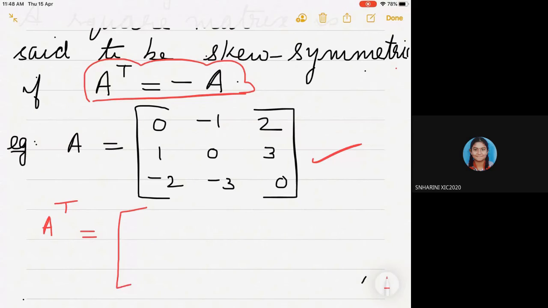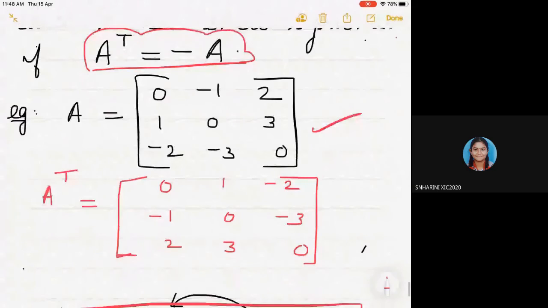The first row you convert to the first column, that is 0, minus 1, 2. The second row convert to the second column, that is 1, 0, 3. Third row converted to third column. Okay? A transpose. Now you compare the two matrices.